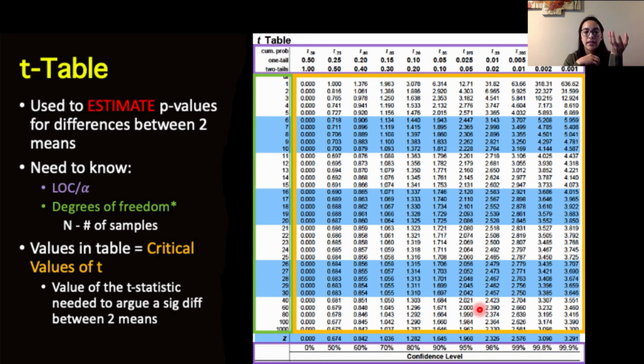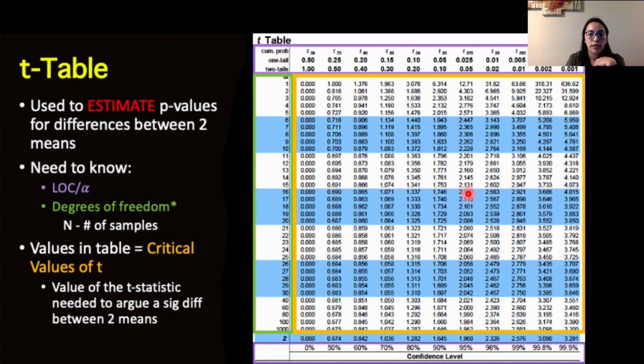And then we take that calculated t, figure out if we have a 95% level of confidence, and let's say we ended up deciding that our degrees of freedom was 15. This value here, I know it's kind of small, but 2.131 would be how large t has to be in order for p to be less than 0.05 in this particular instance on our table.